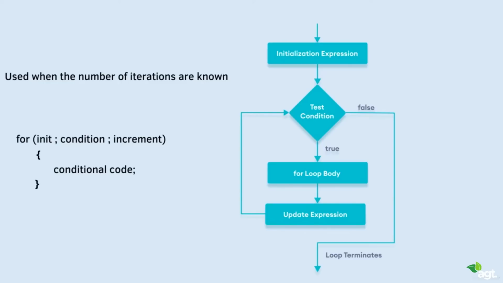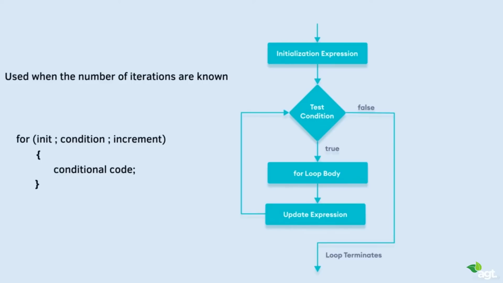I have to increase the value every time I am running this loop. So for that, it is increment. You can also take it in a reverse way, like I started with 100, I need to drag it till 0 or 1, and for that I will decrease the value. So it's all conditional as per your requirement, and inside this you will write the code. So this is how you can write a for loop.